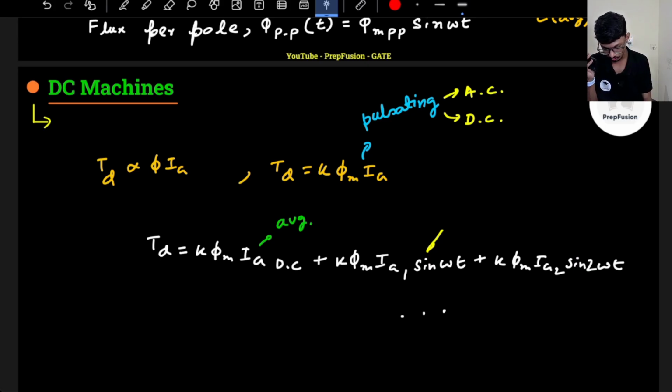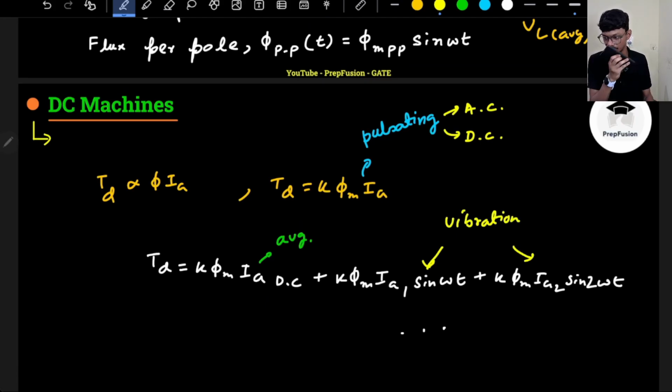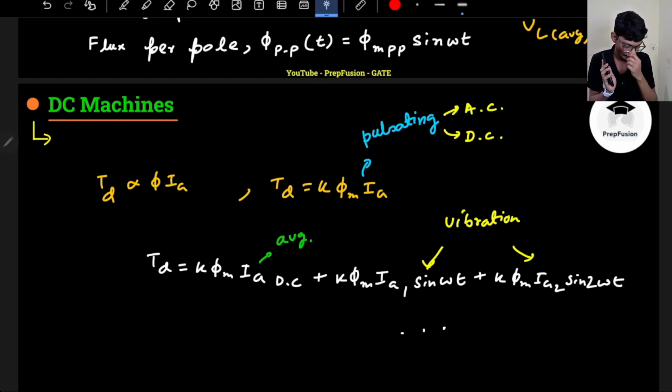But these torques are alternating in nature, so they will provide vibrations, because for the first half cycle it will be clockwise, and the next half cycle anti-clockwise. For the first half cycle it will be positive, next half cycle negative, with positive assumed to be clockwise. So these harmonics will only provide vibrations.